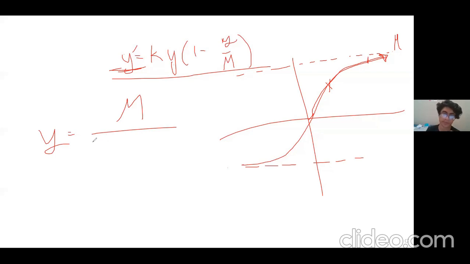They're going to get closer and closer to getting to this M value, but never going to get there.